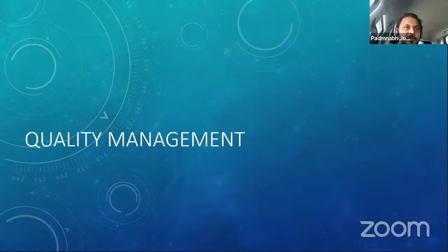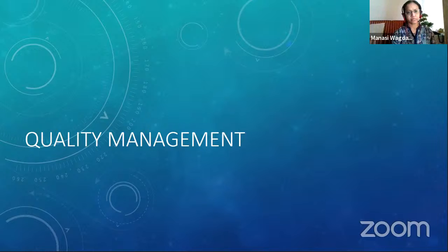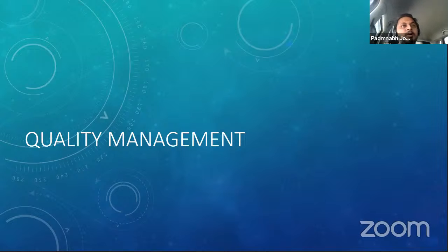There is no other requirement apart from protocol-driven requirements that defines clean data. There are other things like GCP, good clinical practice guidelines, but they are more generic in nature when we are talking about a specific study. So protocol itself helps us define our cleaning requirements.